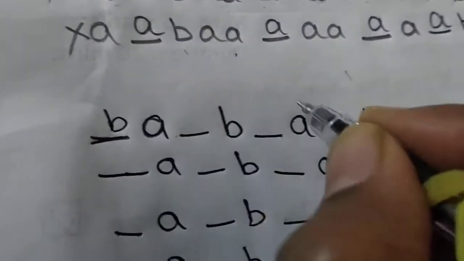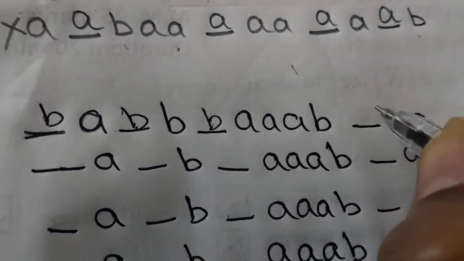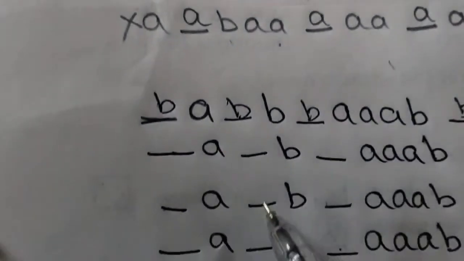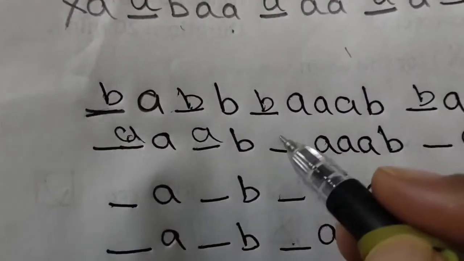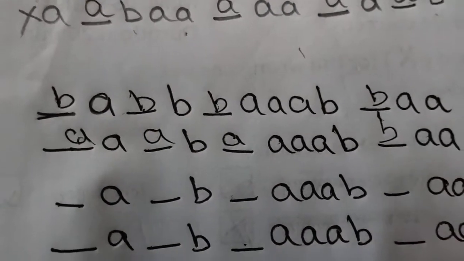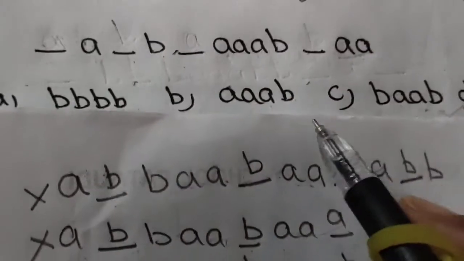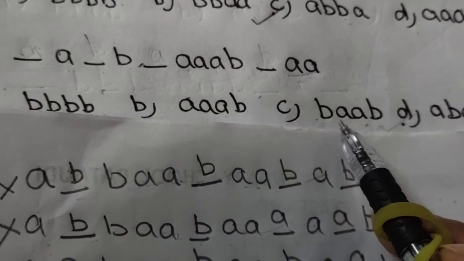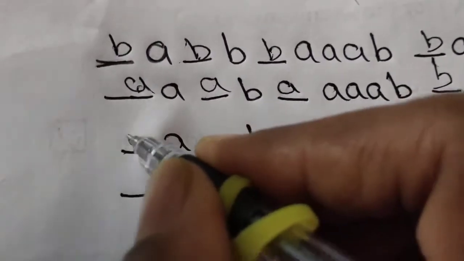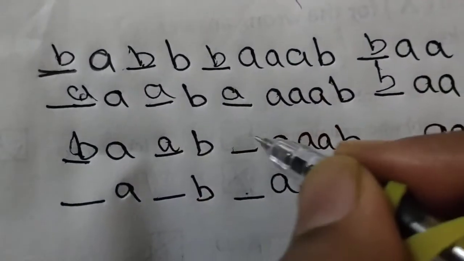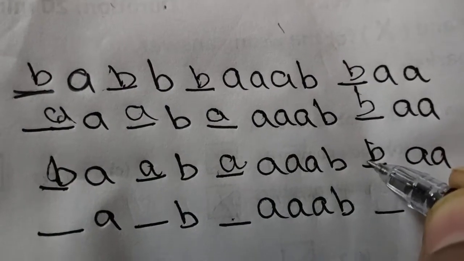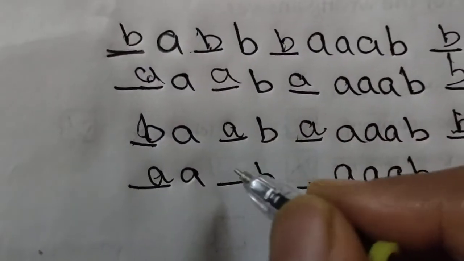First option is 4 times B. So in every blank I am filling B. Second option is 3 times A and 1 time B. So here again I am filling 3 times A and B. Third option is B. So here I will fill B, A, B. And the last option D which is given to us is AB. So I will fill here A, B.